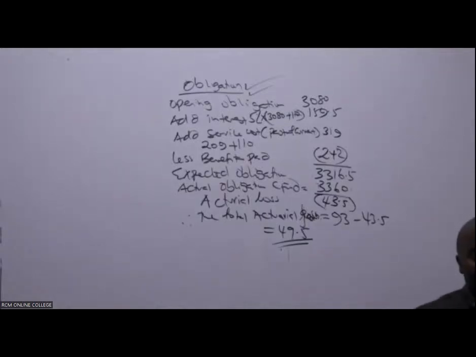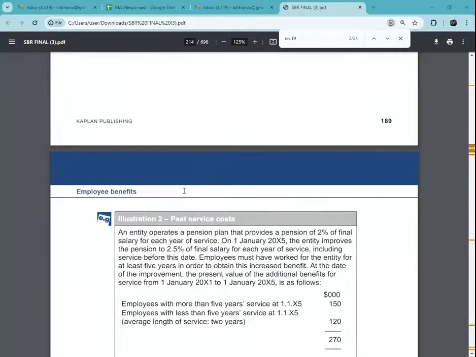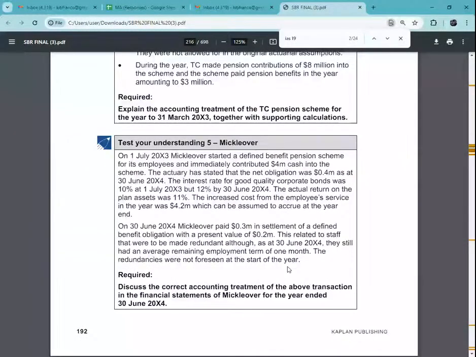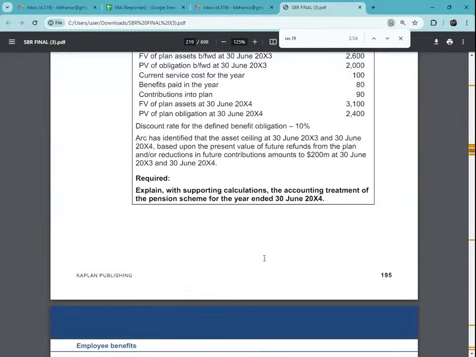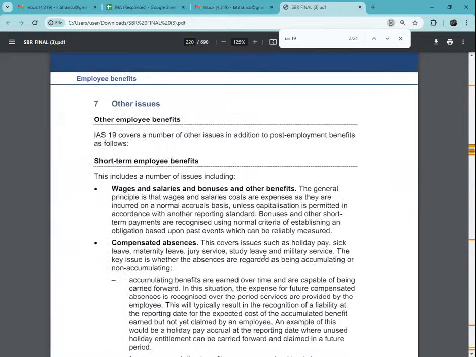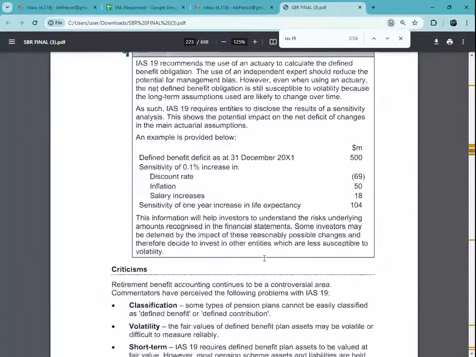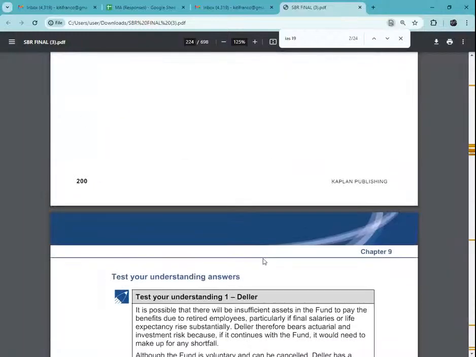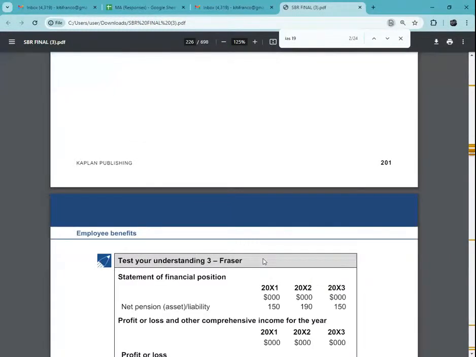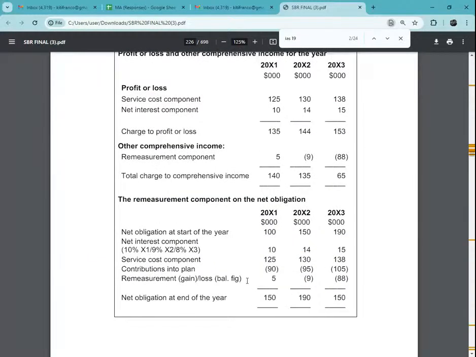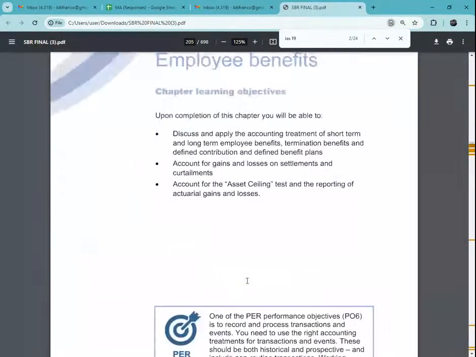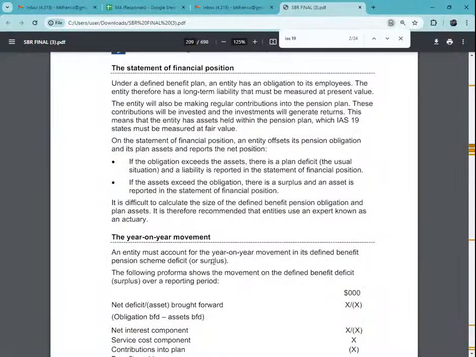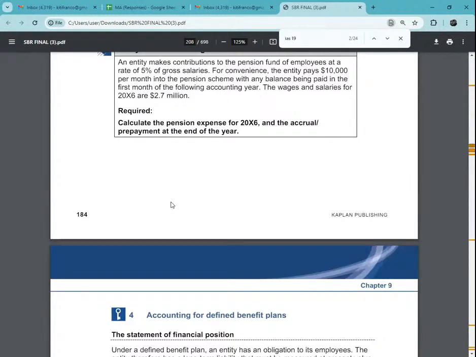All right. So now a speed test, ladies and gentlemen. I would want us to look at this question. Test your understanding.